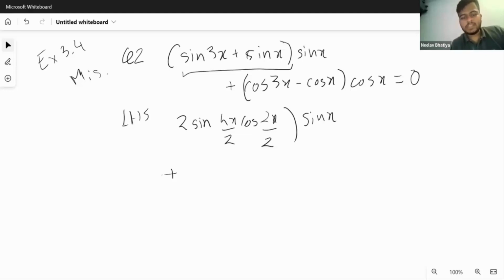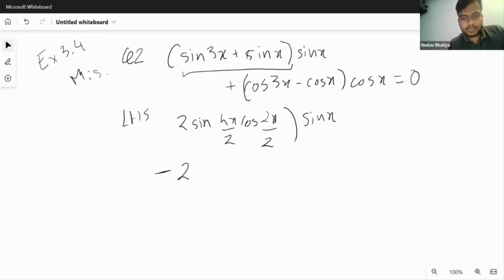Do the same for the cos C minus cos D. Cos C minus cos D is nothing but minus 2 times sine of (C plus D) by 2 times sine of (C minus D) by 2, correct? So at the earliest, I'll replace the positive sign with a negative sign because this term leads to a negative sign, right? So I'll replace that.